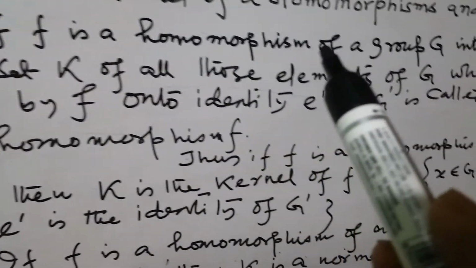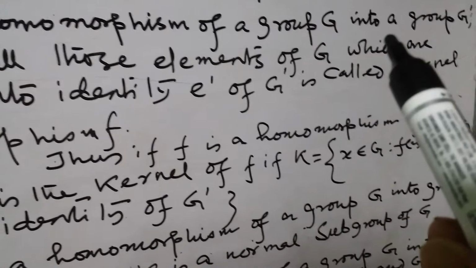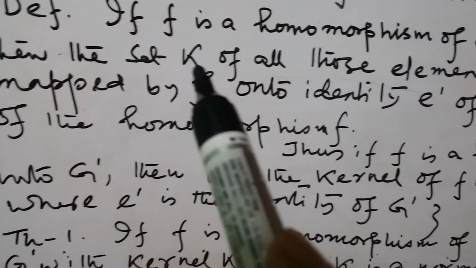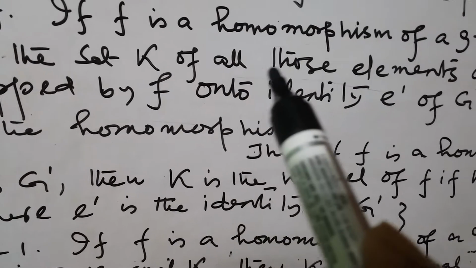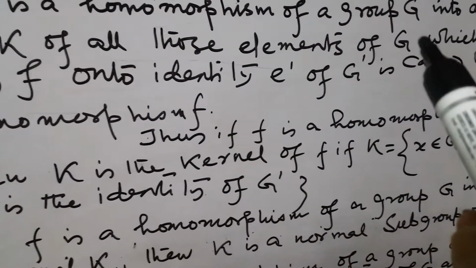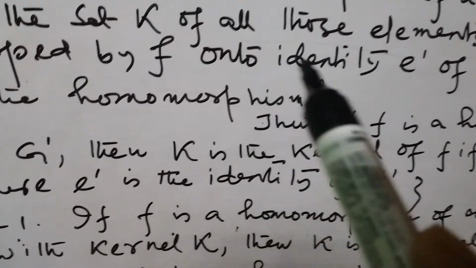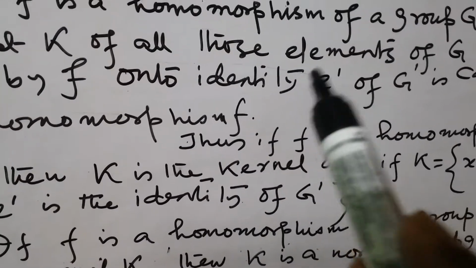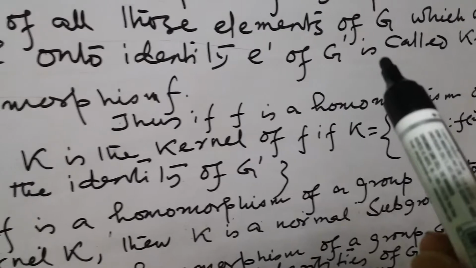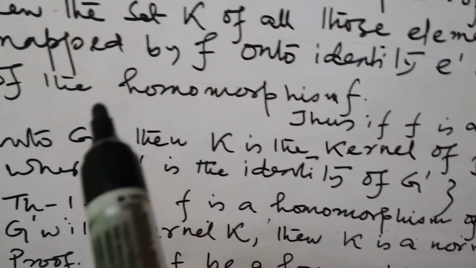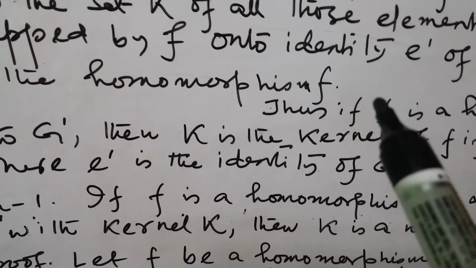If F is a homomorphism of a group G into a group G dash, then the set K of all those elements of G which are mapped by F onto identity E dash of G dash is called kernel of homomorphism.